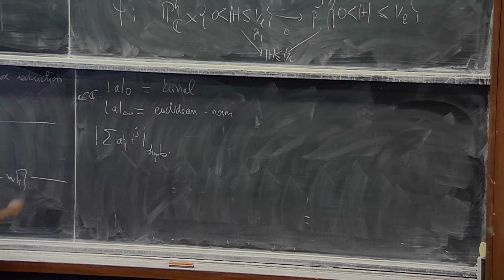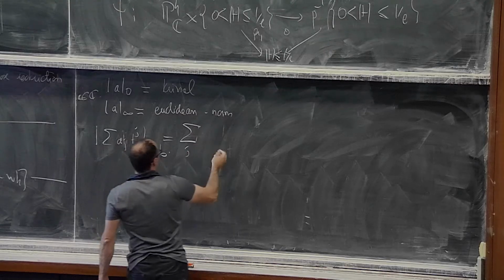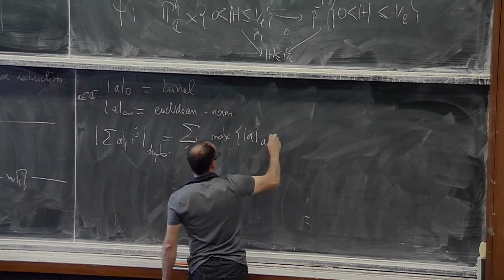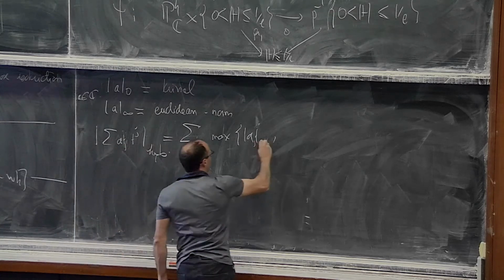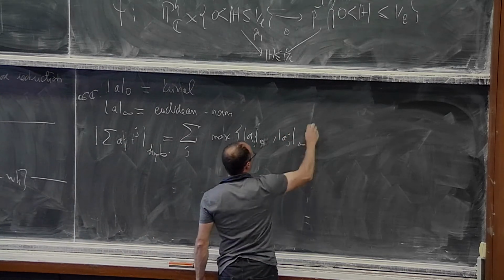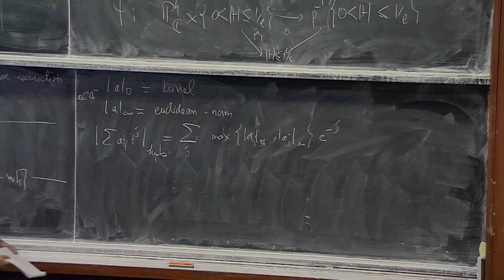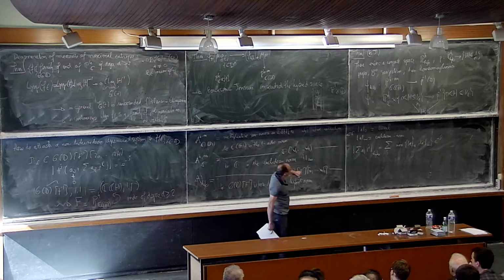So this is a Laurent series. It is a sum over all j of the max of the trivial norm and the Euclidean norm of the coefficients times e to the minus j. Okay?